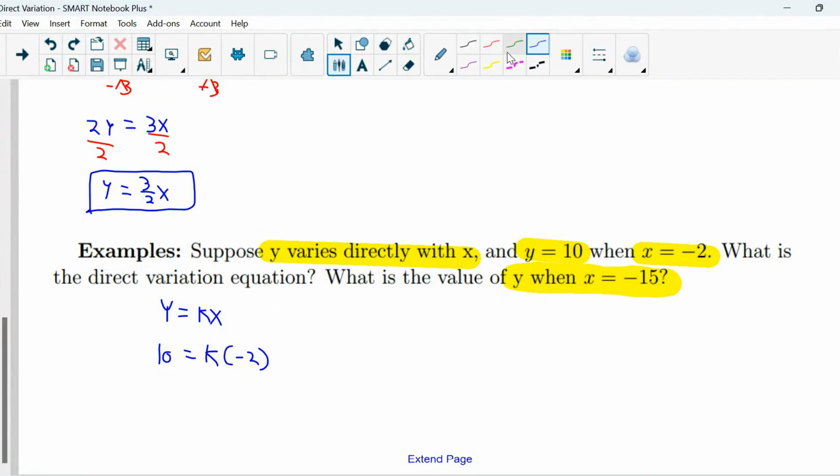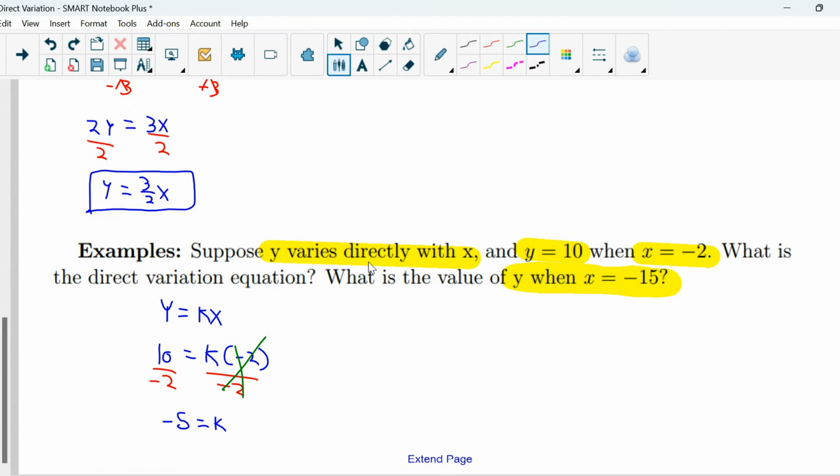If we are trying to solve for k, let's undo our multiplication here by dividing both sides by -2. Essentially, that will cancel our -2 out on our right side. So 10 divided by -2 gives us -5, which equals k.